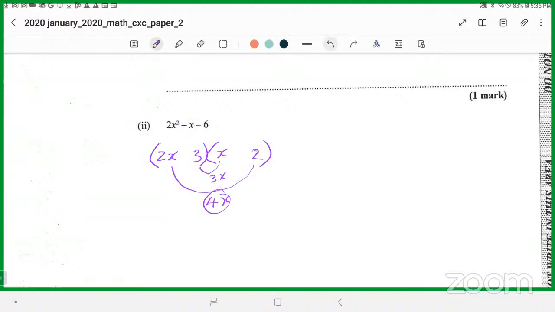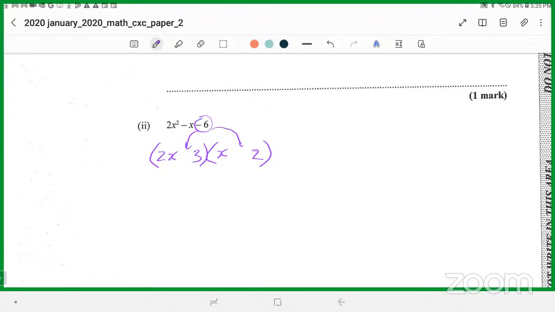And how do I know that I need the difference? I know that I need the difference because my last term is negative. When the first term has a positive squared coefficient, which is normally the case, the sign of this last term tells me, because it is negative, that the signs in the bracket are different.